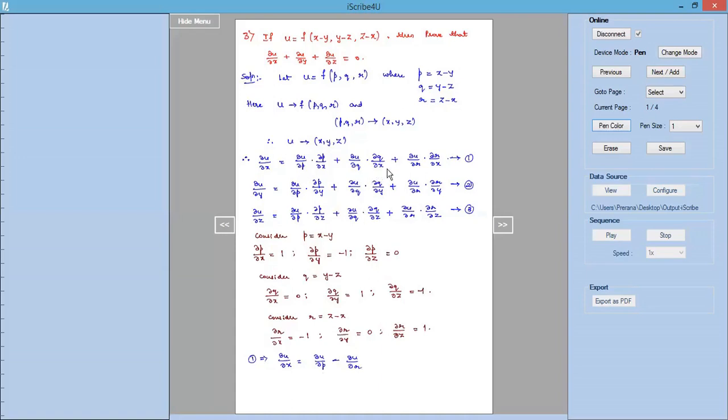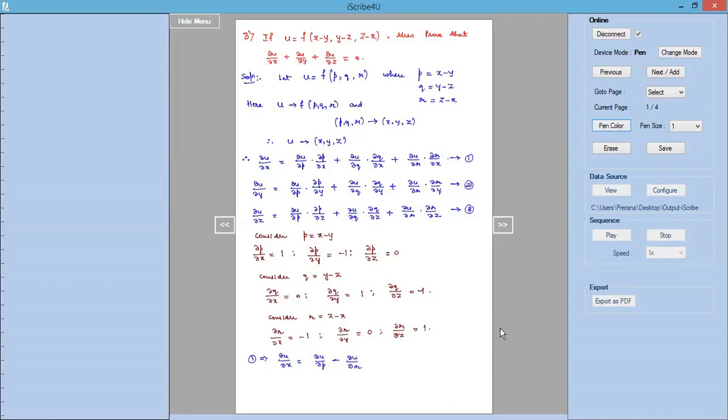Then the middle term ∂q/∂x we have obtained as 0, so 0 into ∂u/∂q gives us 0. And the last term ∂r/∂x is minus 1, so plus into minus gives minus ∂u/∂r. This is how substituting in equation 1 we get the expression.